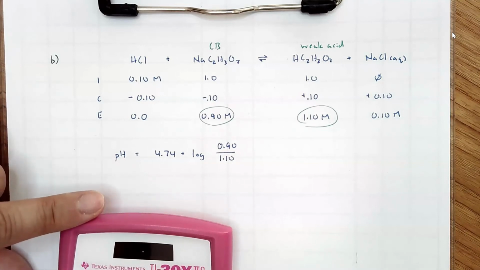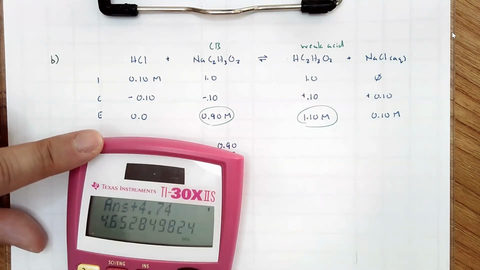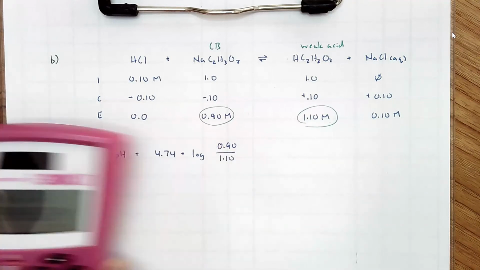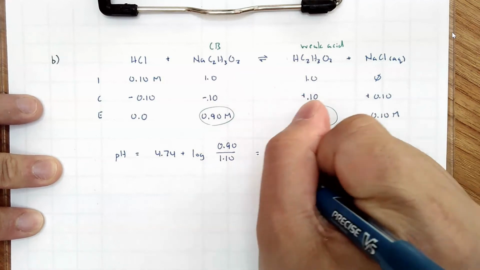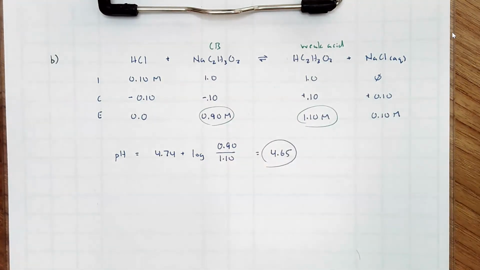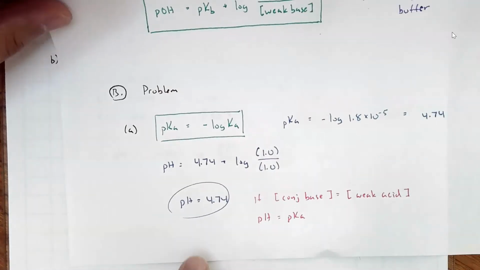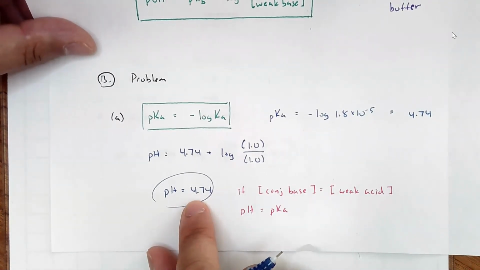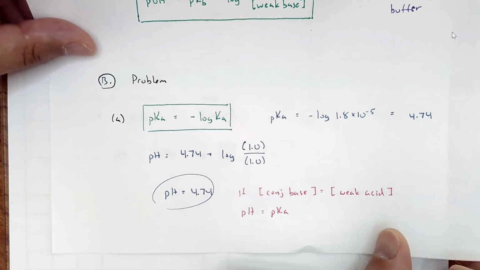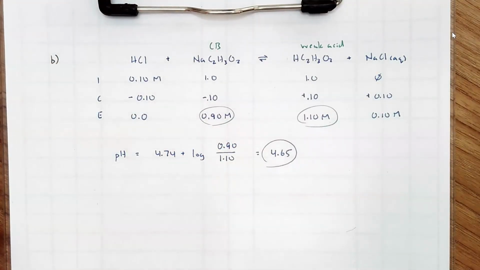Plus 4.74. 4.65 is the final pH. It did in fact get a little bit lower when we took the buffer that was originally at 4.74 and we added a little bit of acid, and it became a little more acidic and the pH went down.